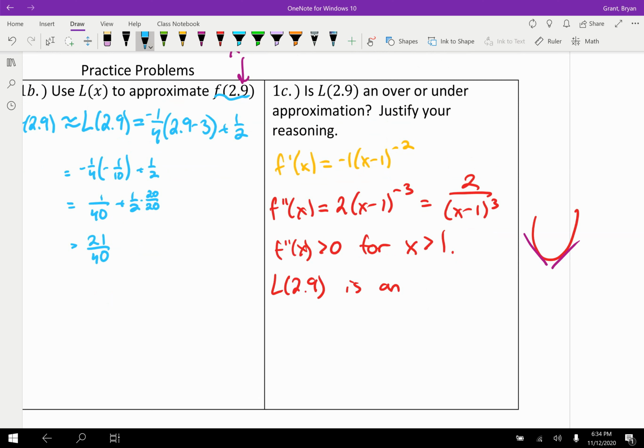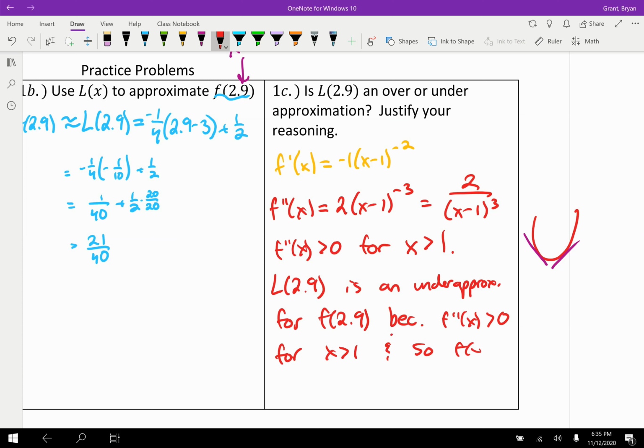So L of 2.9 is an under approximation for f of 2.9, because the tangent line is below, because f double prime of x is greater than 0 for x greater than 1, and so f of x is concave up. We'll say around x equals 2.9. There's probably a better way to phrase that, but I think they'd get the idea. Nifty.